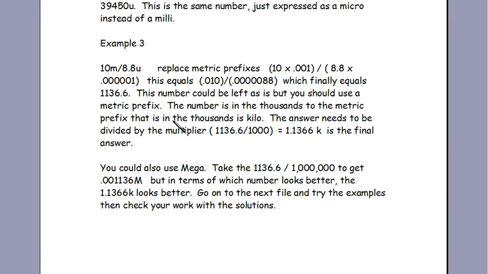So the final answer is 1.1366k. You could also use mega. So you take the 1136.6 divided by a million, which is the multiplier of the mega, to get 0.001136 meg. But in terms of which number looks better, the 1.1366k looks better, so I'll use that one.